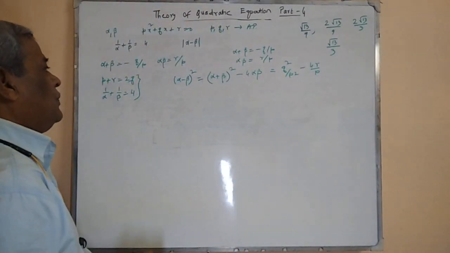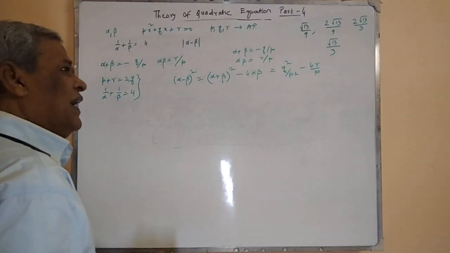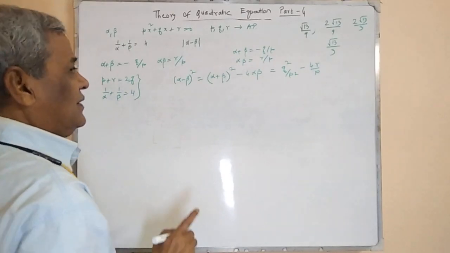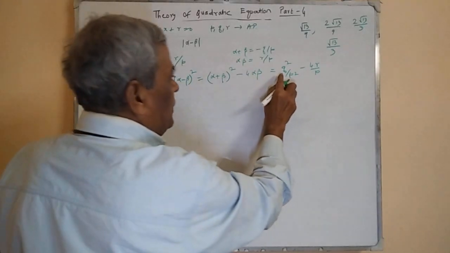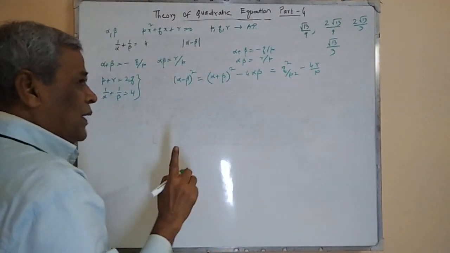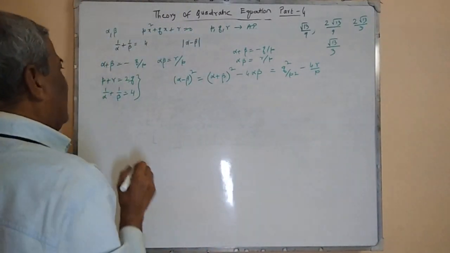So we have to eliminate p, q and r. It is a function of q by p, and this is another function of r by p. So q by p, r by p to be eliminated.